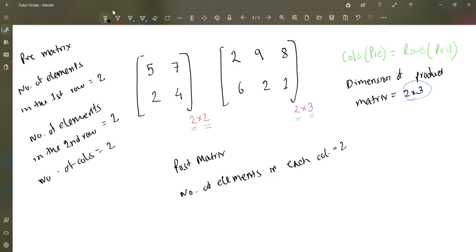So we can see the first column 2, 6, 2 elements; second column 9, 2, 2 elements; third column 8, 1, 2 elements. Number of elements in each column equals 2. And what is the number of rows? The number of rows is also equal to 2. So we can also say that the number of rows means the number of elements in each column. Okay, let's just copy this before we move on.